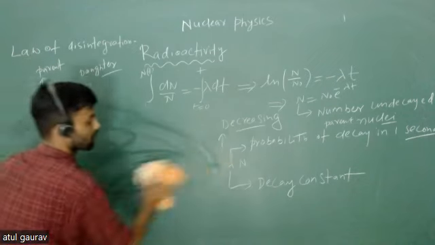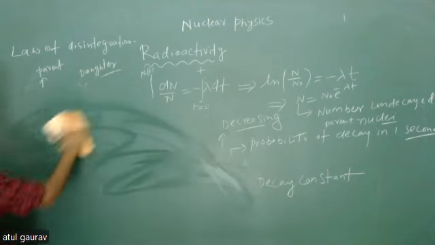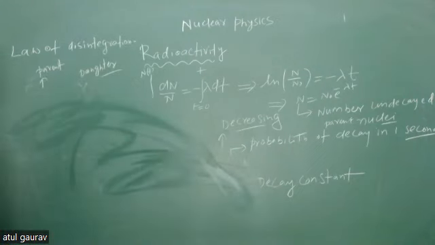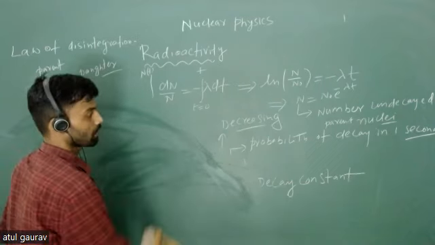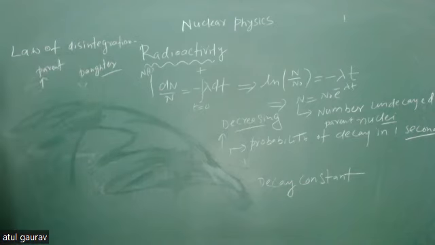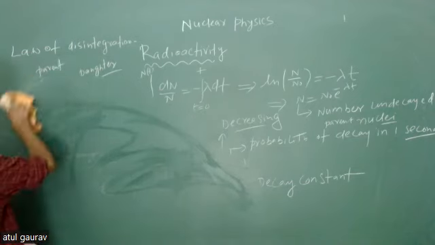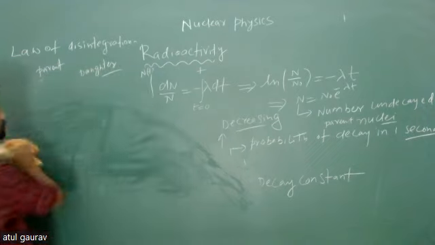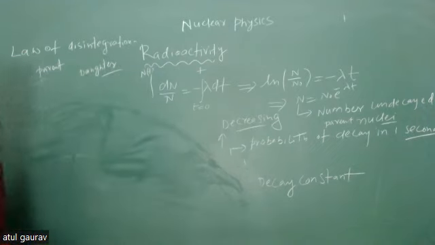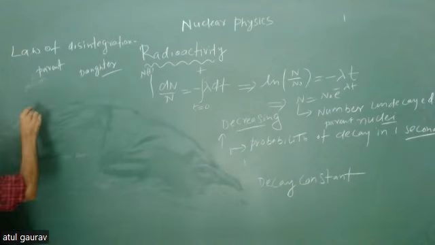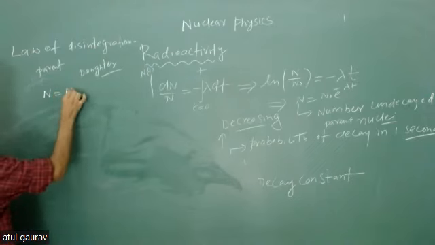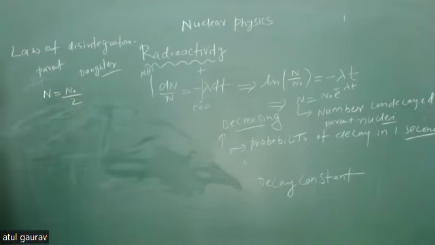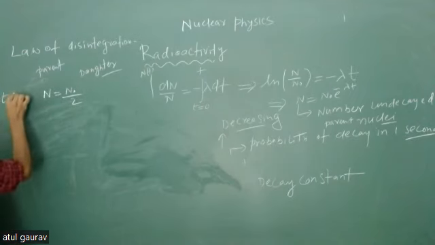What do we call half life? What is the definition of half life? Half life means the concentration becoming half of the initial. Yes, you can say that, the number becoming half. Number of undecayed nuclei N will become N naught by 2 at time t equals t half.